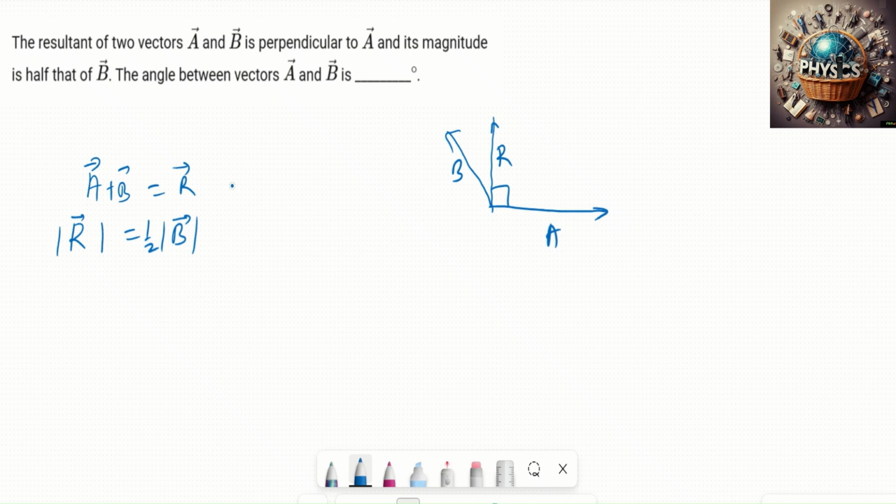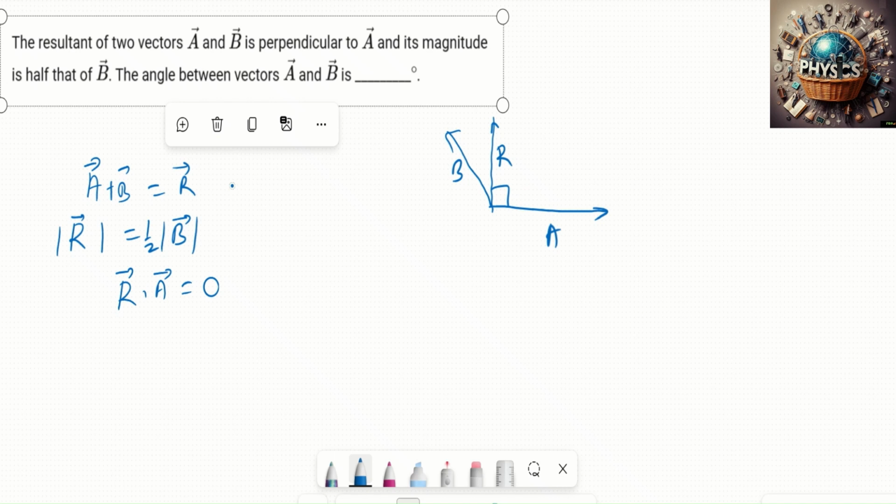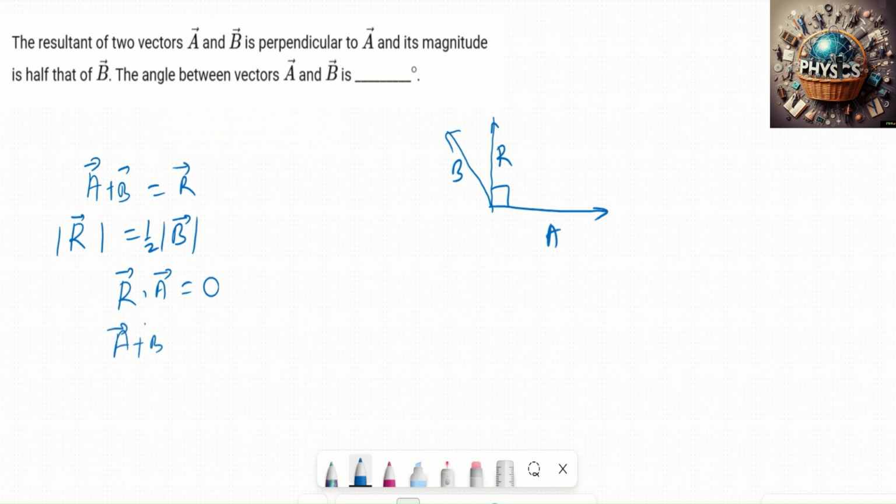Since R is perpendicular to A, we can say R dot A is equal to 0, because R dot A is RA cos theta, and cos 90 degrees is 0. Since R is A plus B, we can say (A plus B) dot A is equal to 0, which means A dot A plus A dot B is equal to 0.